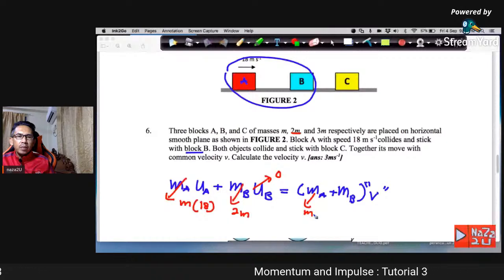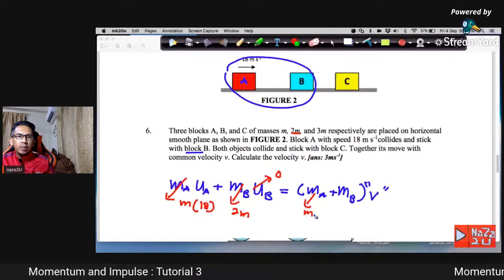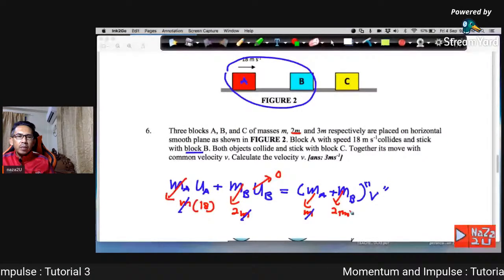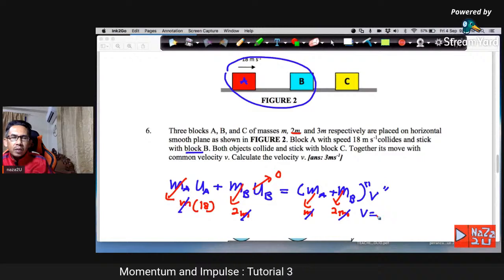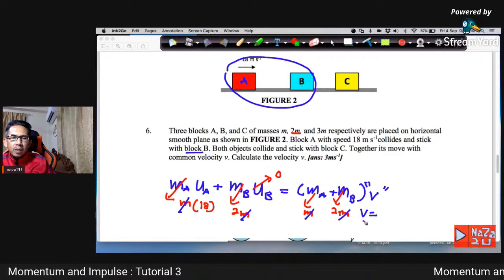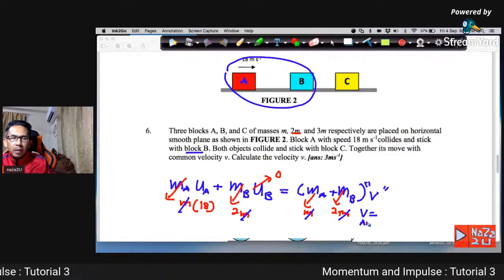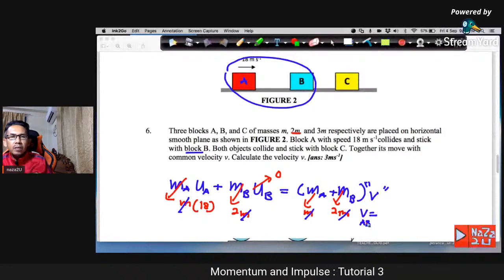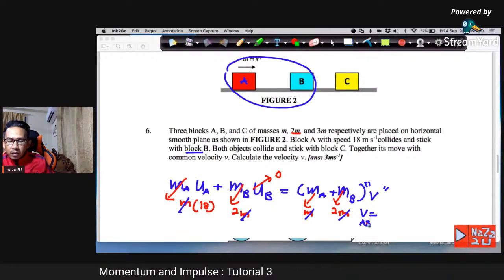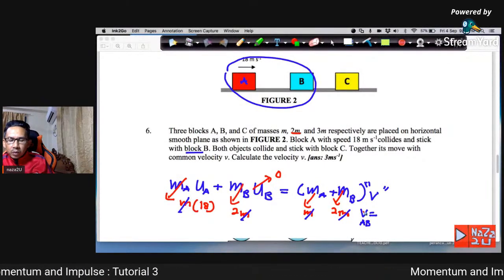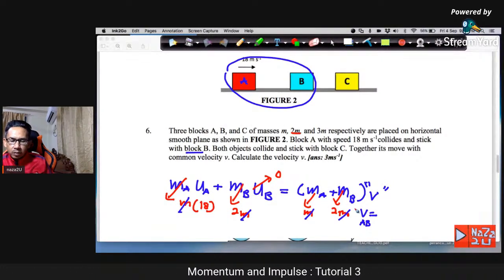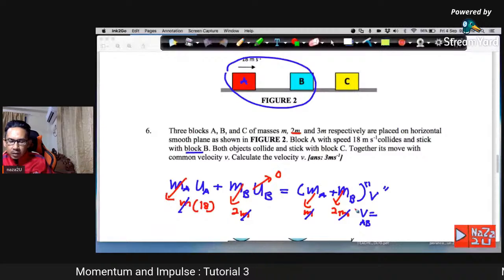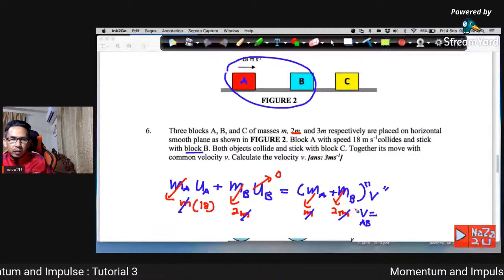Because we have M on the left and right, we can cancel M. So you can find the value of V, which is the speed of blocks A and B stuck together. Using the calculator, V here is equal to 6.